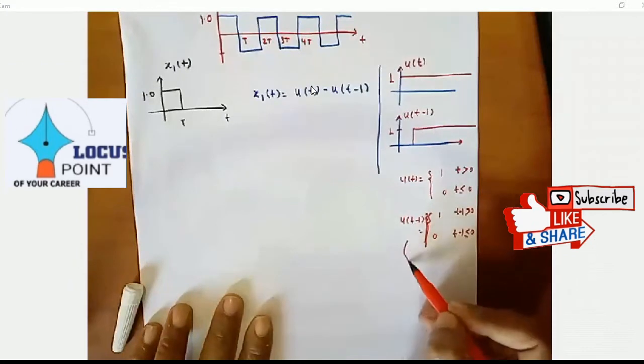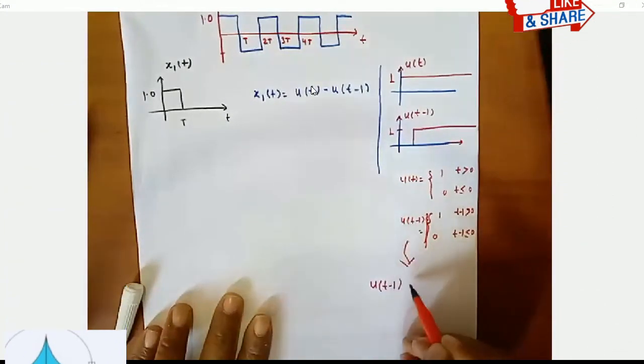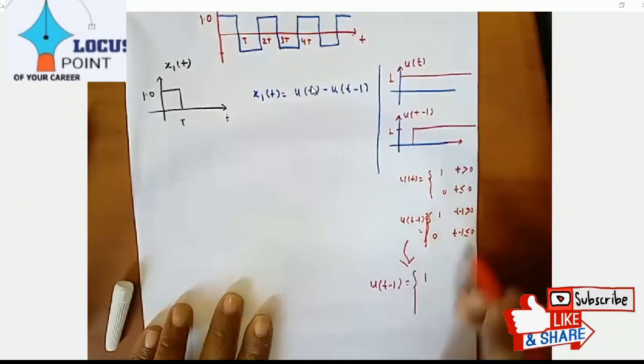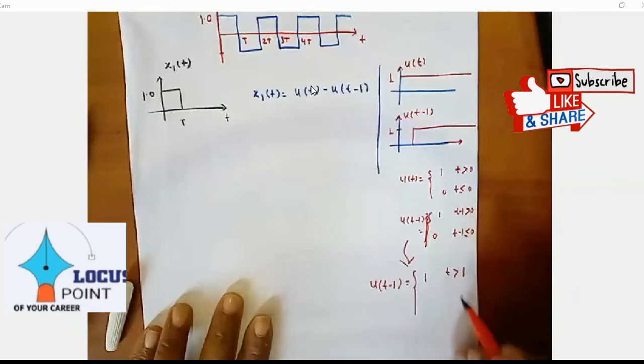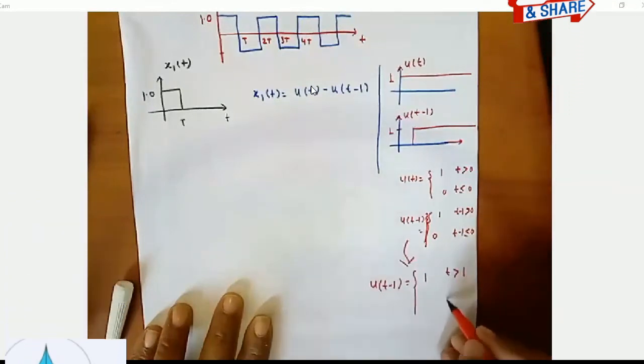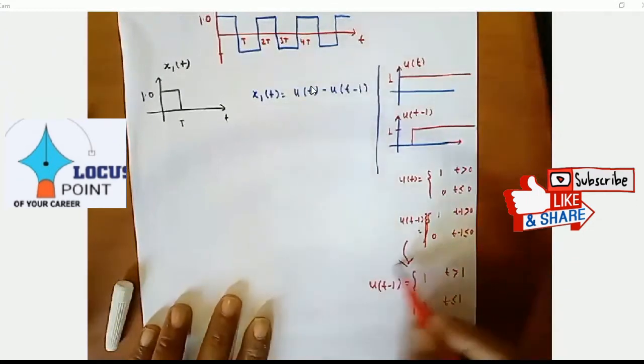Now t minus 1 greater than 0 means t greater than 1, and t minus 1 less than or equal to 0 means t less than or equal to 1, and this will be 0.